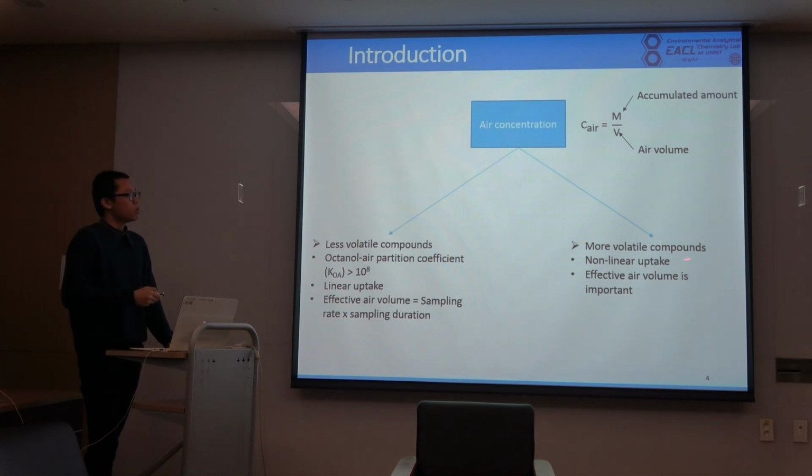Whereas for the more volatile compounds, or the light molecular weight compounds, their uptake will be in the non-linear phase, and then the effective air volume will be very important. You can see that in both cases, the sampling rate plays a very important role in order to convert the PAS concentrations into the air concentrations.